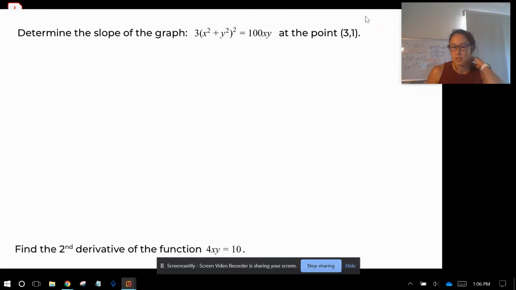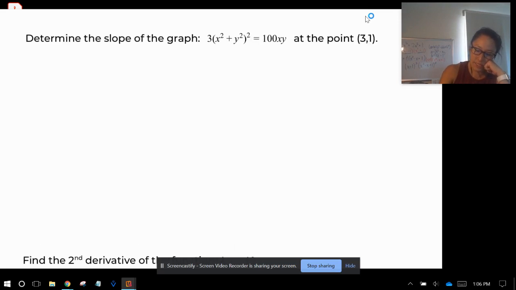Okay, the next one, we're going to determine the slope of the graph of this equation at a point. So the slope of a graph is just the derivative, so we're going to have to take the derivative. So I see some fancy things happening. On the right, I'm going to have to use the product rule, and I'm going to use 100x as the left and y as the right. On the left-hand side, I see chain rule. So the outsidemost piece would be the 3x squared.